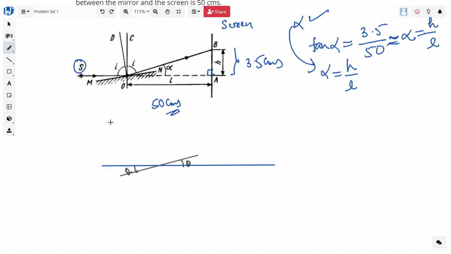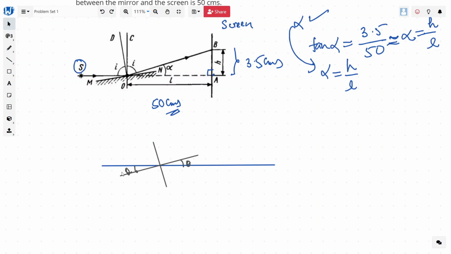Now before we proceed, we basically draw our normal first so that we can deal with the reflection. So here we go, perpendicular to it, to that point. This is our normal. Very well.